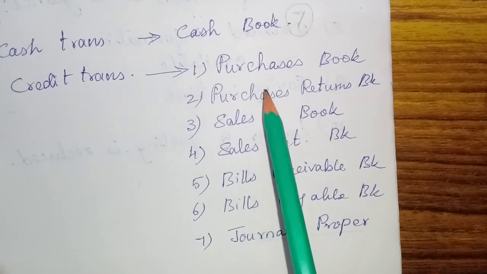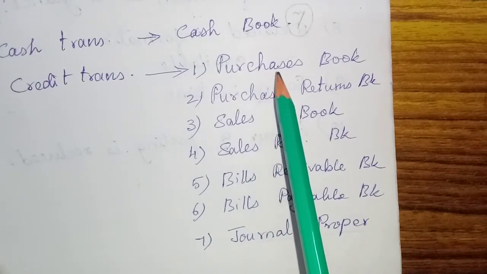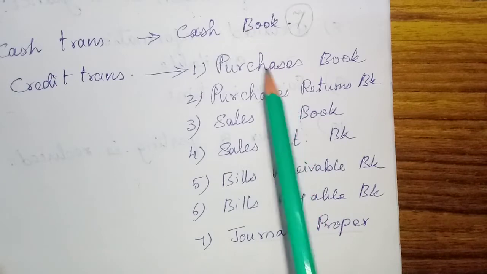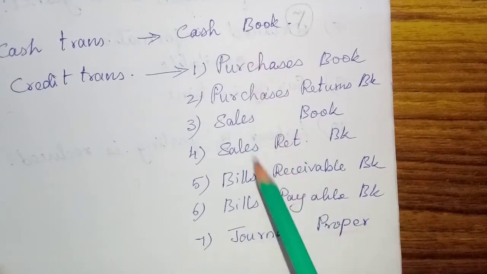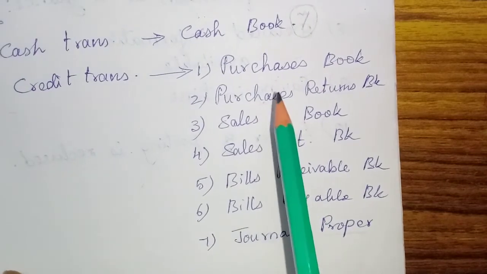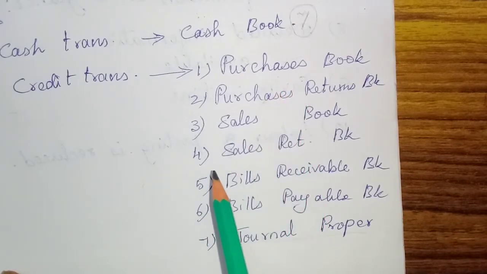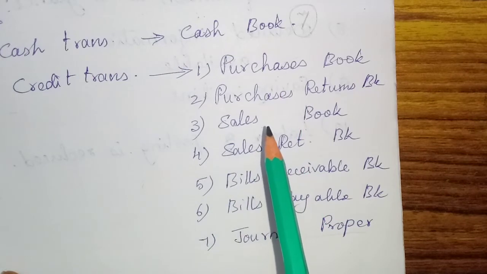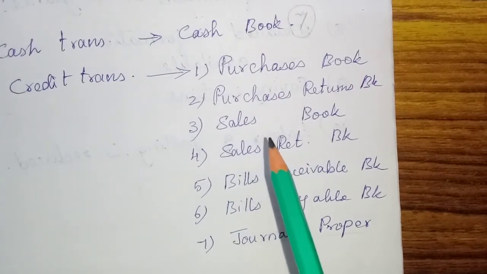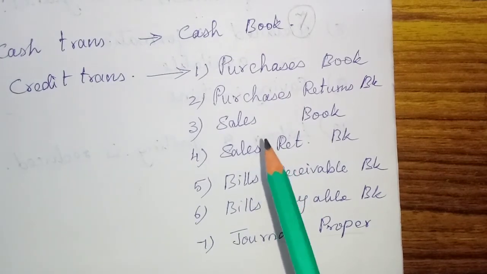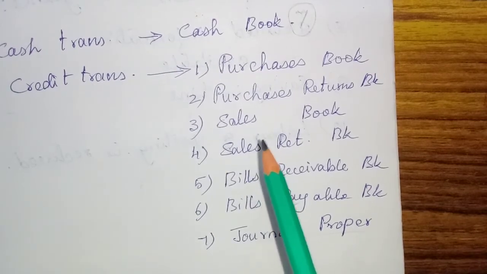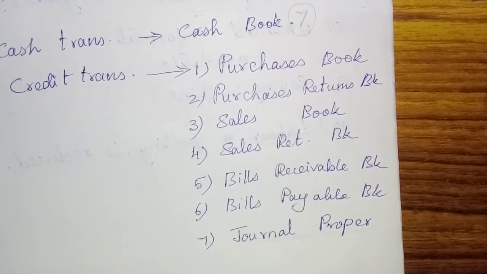Any transaction which cannot be written under any of these books will be entered in the journal, like a journal entry. For example, we write the credit purchase of goods and credit sale of goods in the books here. If we sell or purchase furniture on credit, then we can prepare a journal entry.